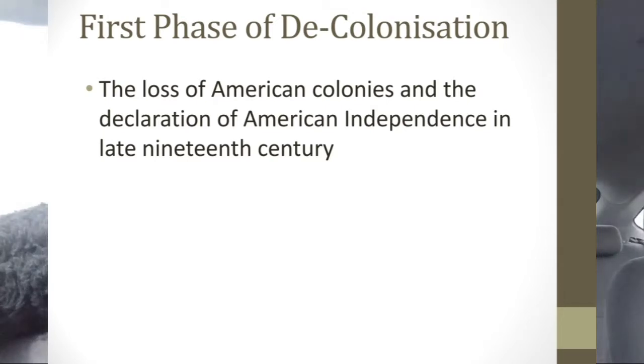Like we all know, the Americans got independence towards the later part of the 18th century. So this was the first major stage where the process of decolonization started. Britain could not hold the American region anymore, so America got independence. That was the first major setback to the British Empire.